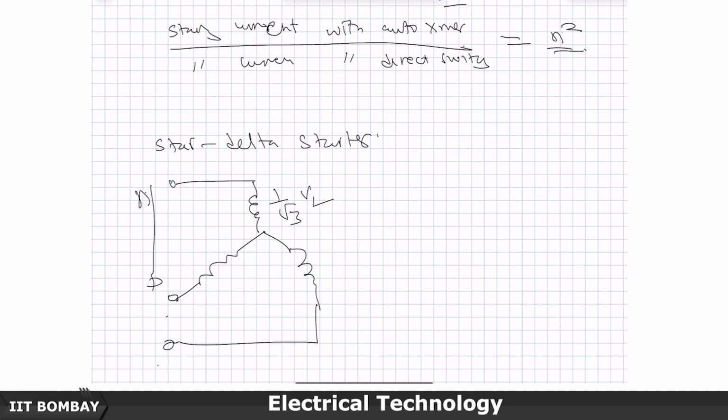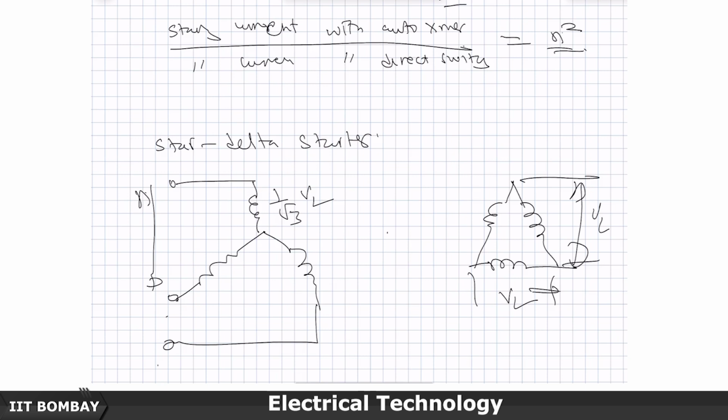And when I change it to delta, this whole VL voltage will get applied on this. So you will have everything scaled down.